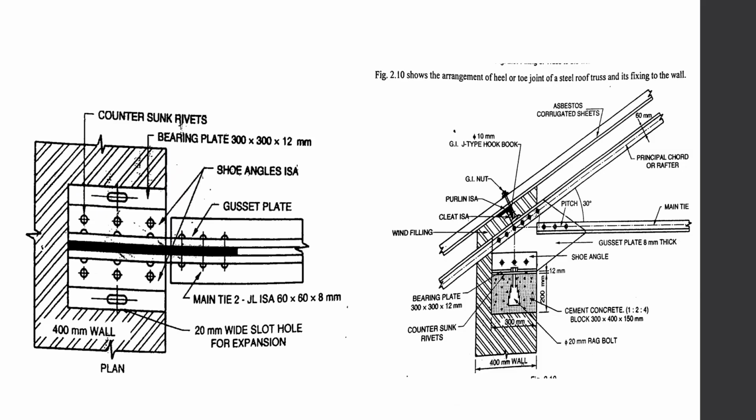Now you can see that there is a plan here, a plan of the wall where the concrete block and the gusset plate and the base plate all were fixed using cleats, so you can understand how the mechanism works even better here. In this plan you can see there's a 400 wall.